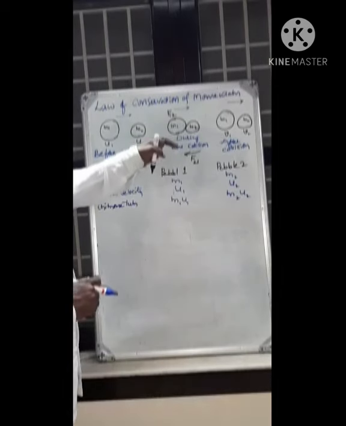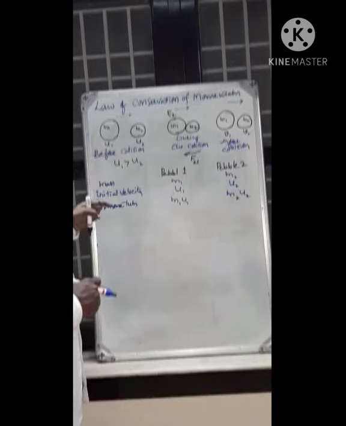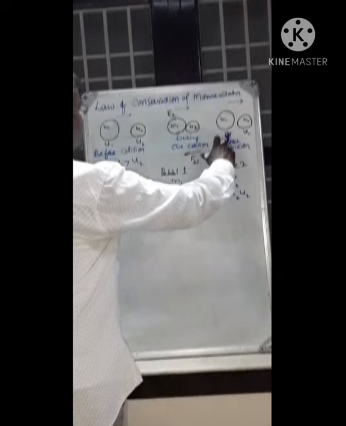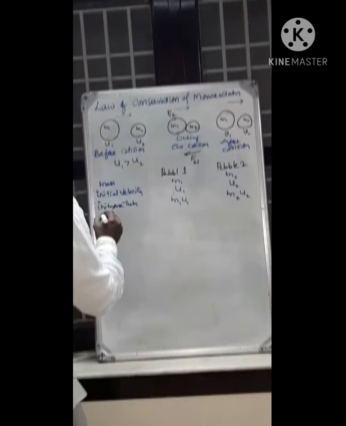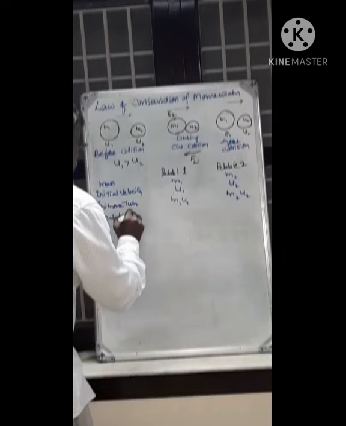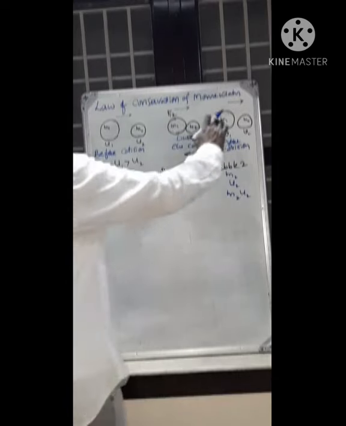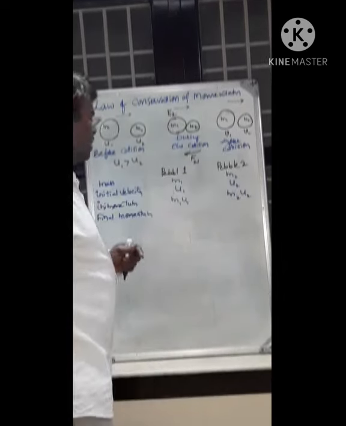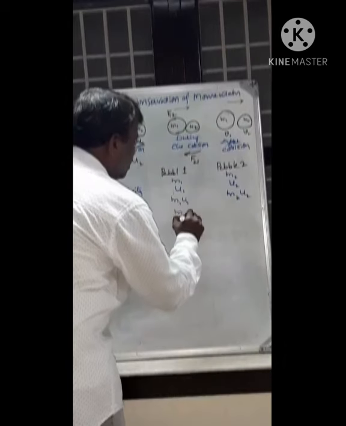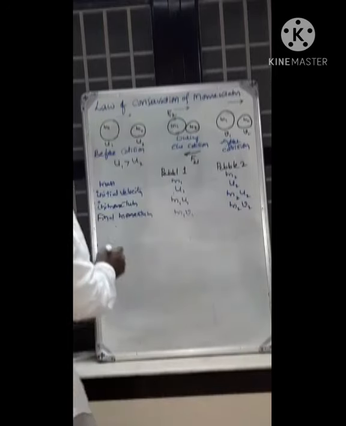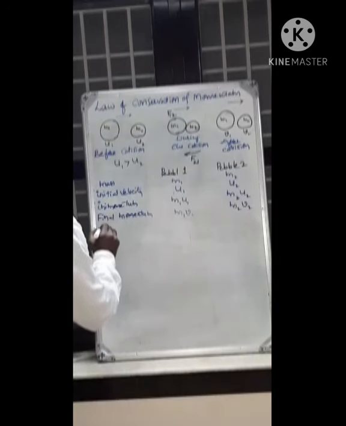So this is the situation before the collision. After the collision, they gained the velocities v1 and v2 respectively. So final momentum: mass is m1 and velocity is v1, so momentum will be m1 v1, and m2 v2. Now let us write the change in the momentum.